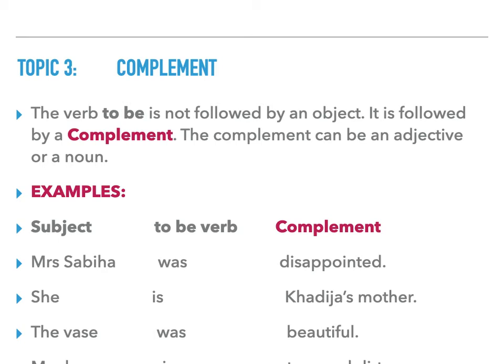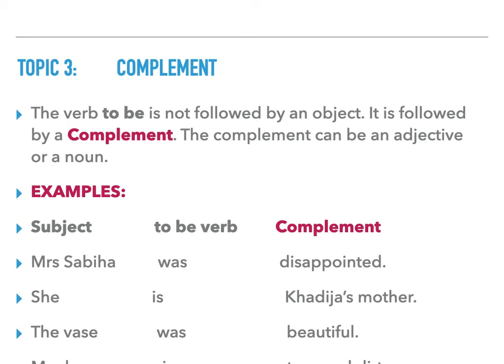Mrs. Sabiha was disappointed. Okay, we have a subject here, Mrs. Sabiha. We have a verb here. This can also be used as a helping verb or auxiliary verb, as am, are, was. These are all called helping verbs as well. And the other word, disappointed, is an adjective, of course. So this is not the object here. It's a complement.